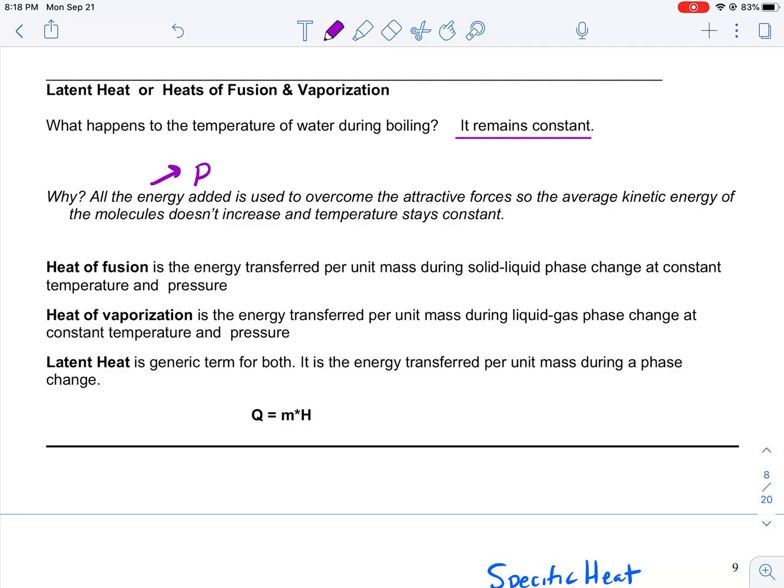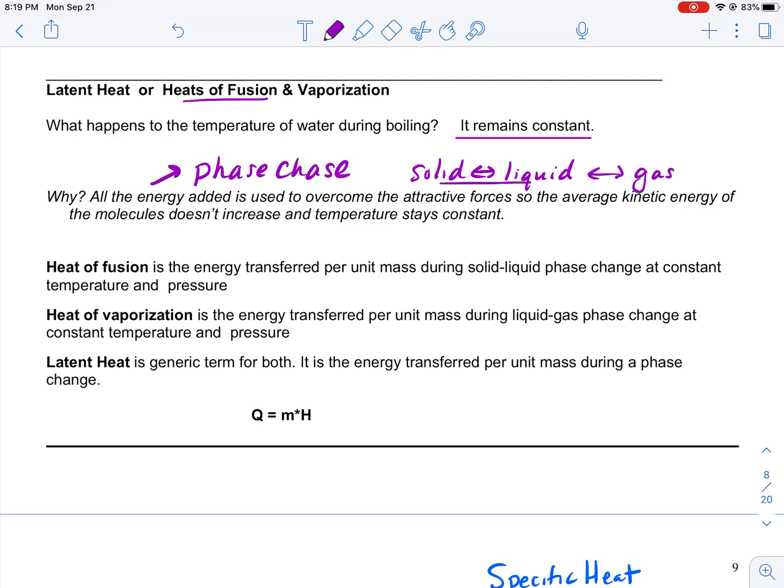In other words, the energy goes into the phase change instead of the temperature change. It goes into changing the nature of the substance from solid to liquid or from liquid to gas.